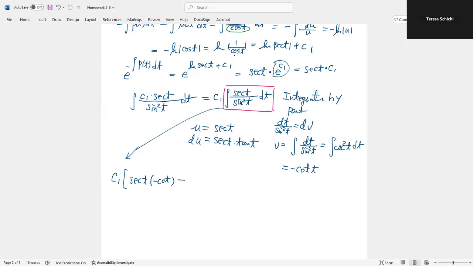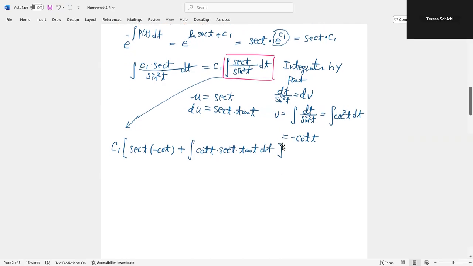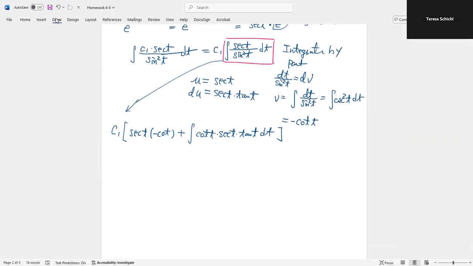Minus minus is plus, so it's plus the integral of cotangent t times secant t times tangent t dt. Now let's take a look here.